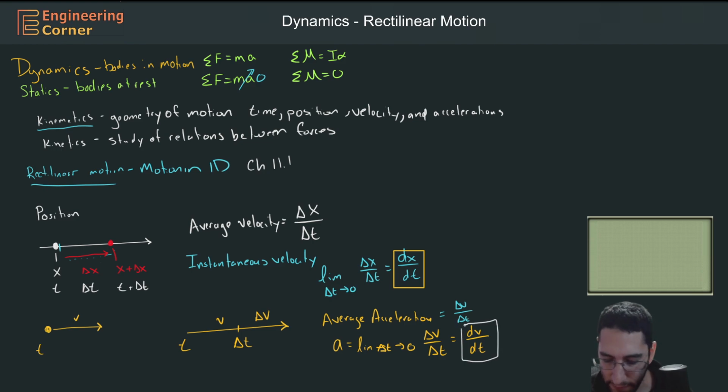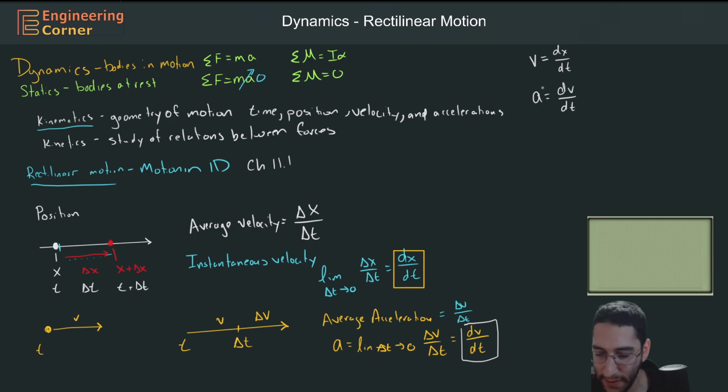And so if I write down the equations that we're working with, I'll have that v, my velocity, is dx/dt, and my acceleration is equal to dv/dt. Now there's three different equations that we can get for acceleration.